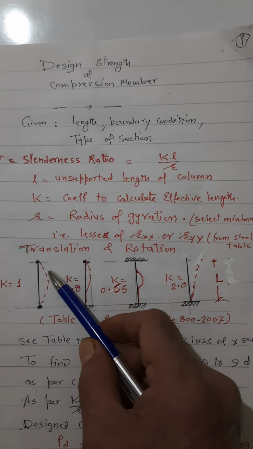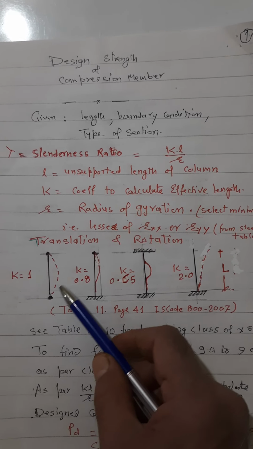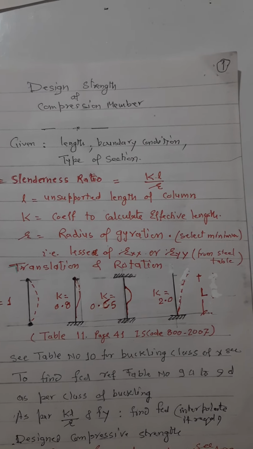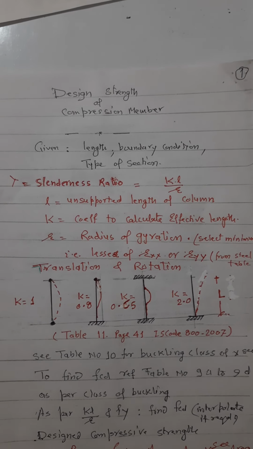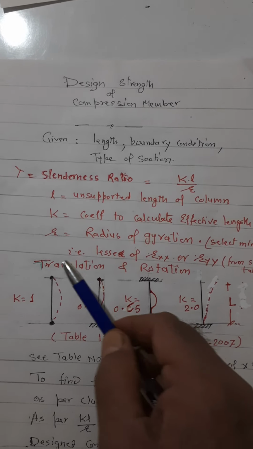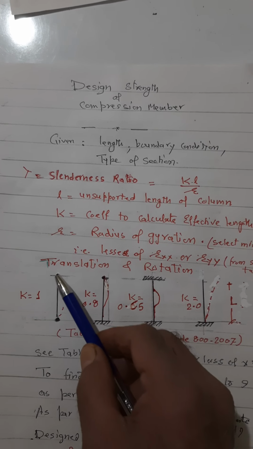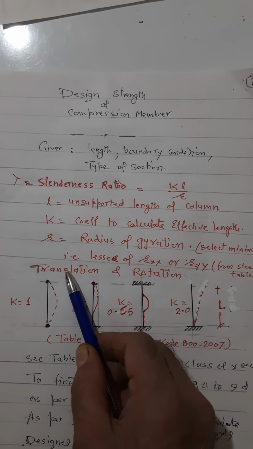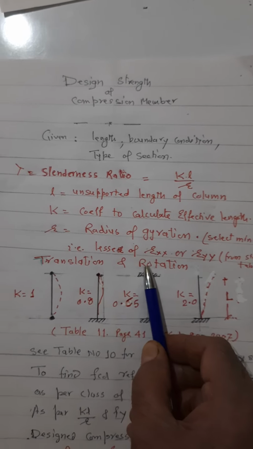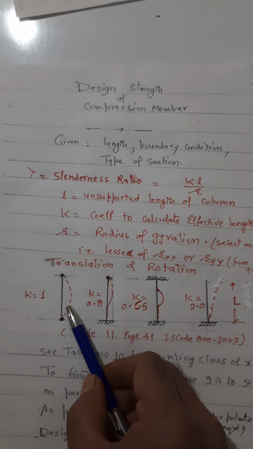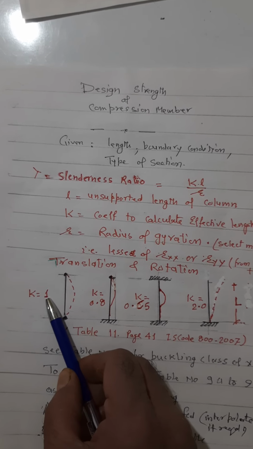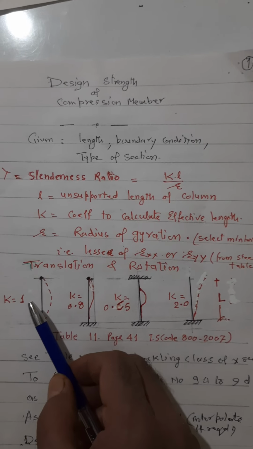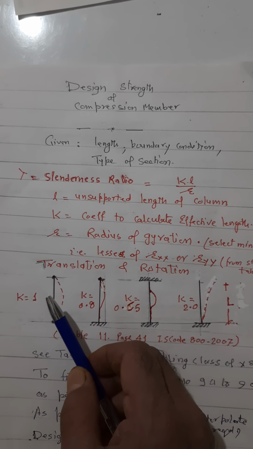Effective length means that when it is displaced like this, it buckles like this. This length is called the effective length of buckling. So when both the ends, at the top as well as the bottom, are hinged, restrained in translation but not in rotation, the unsupported length multiplied by k equal to 1, so the effective length is equal to the unsupported length.